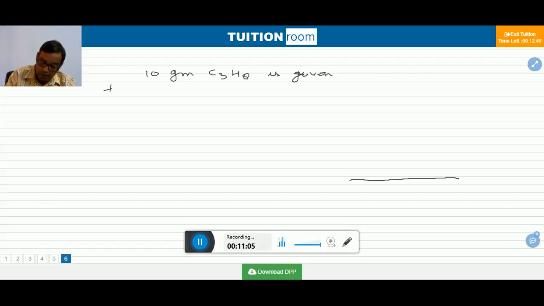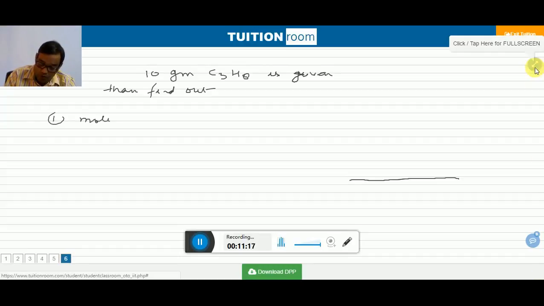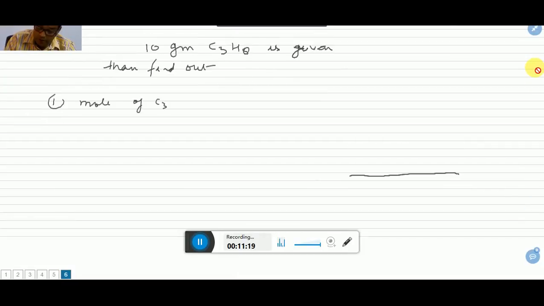Then find out the number of moles of C3H8.